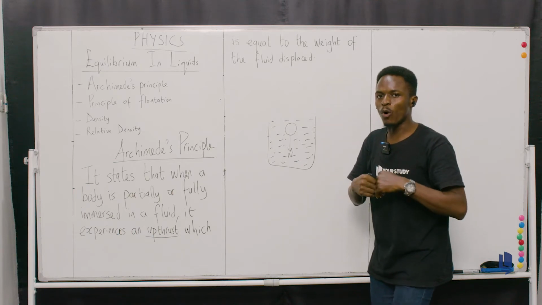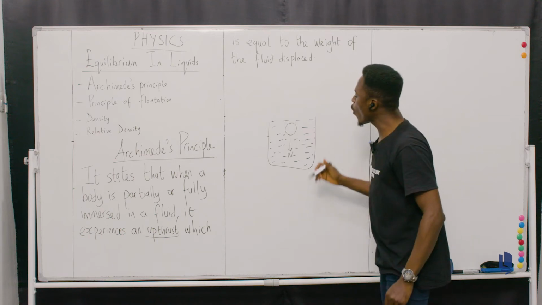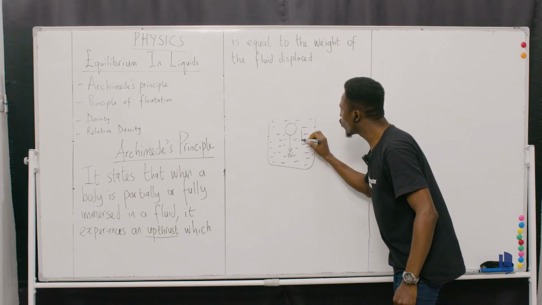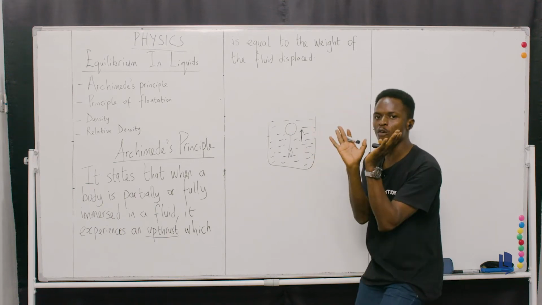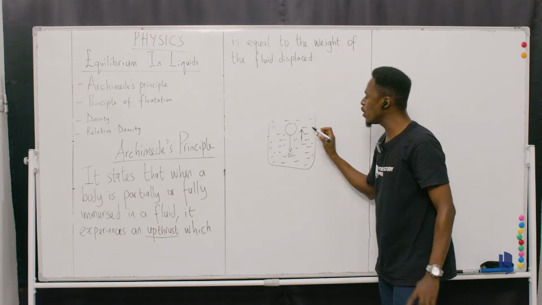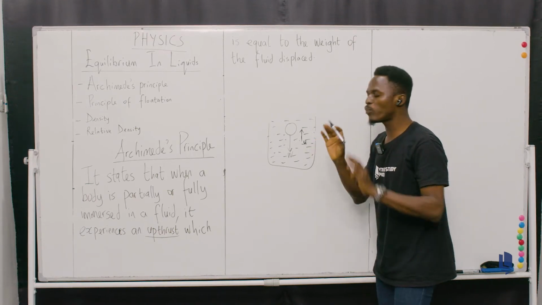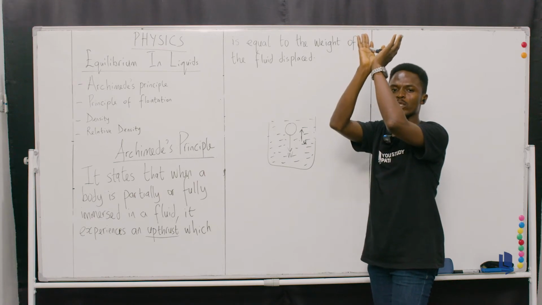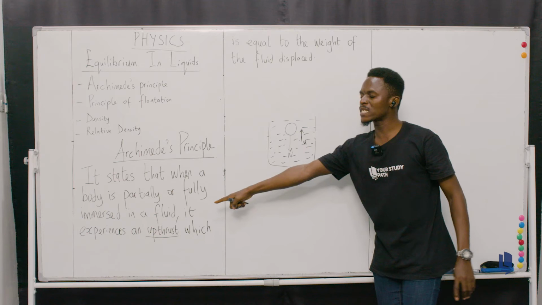The weight of the ball is causing the ball to move downwards. But what happens? The water is going to provide a balance, a form of opposite push, pulling the body upwards. That force which pushes a body upward inside the liquid is known as upthrust.